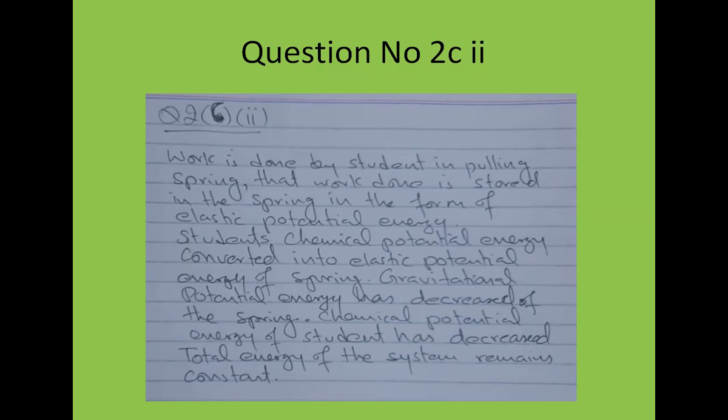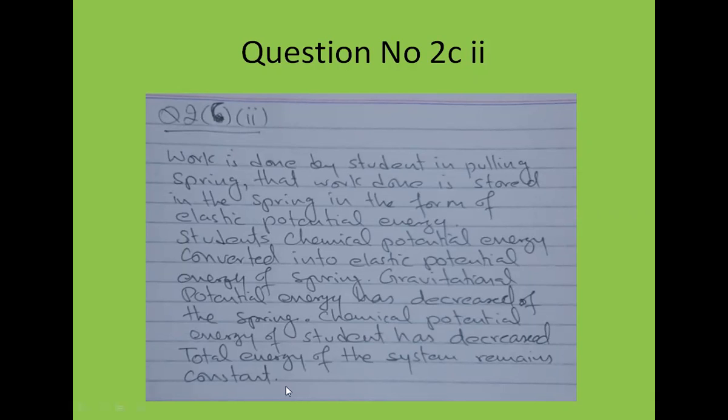Work is done by a student in pulling the spring. That work done is stored in the spring in the form of elastic potential energy. The student's chemical potential energy is converted into elastic potential energy of the spring. Gravitational potential energy of the load has decreased.